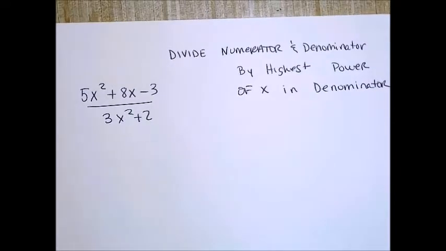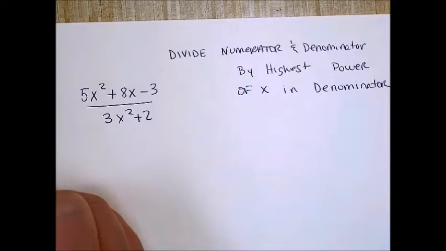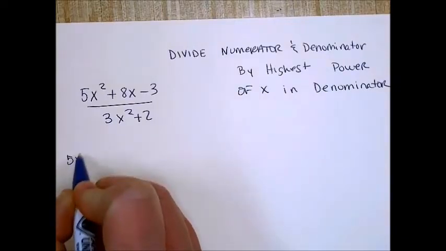If you don't do that, as x approaches infinity, the numerator approaches infinity, and the denominator approaches infinity, and we don't really have anything we can go from there. So we're going to start this problem. We're going to divide everything by x squared.